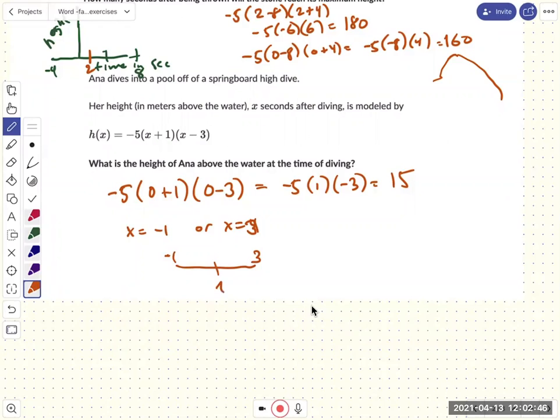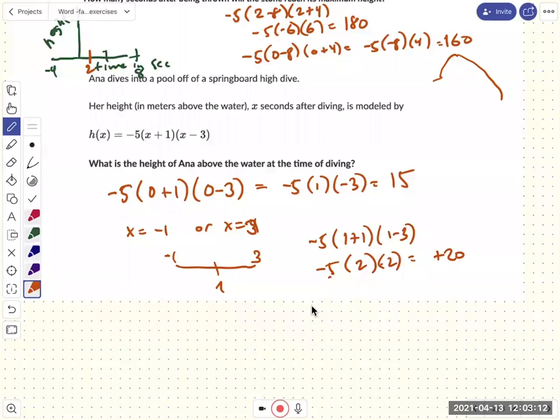So we say -5 times 1 plus 1, 1 minus 3. So that's -5 times 2 times -2. So it equals +20. So she gets quite a bit higher, right? So it must be a springboard. Yeah, so she springs up quite a bit into the air.